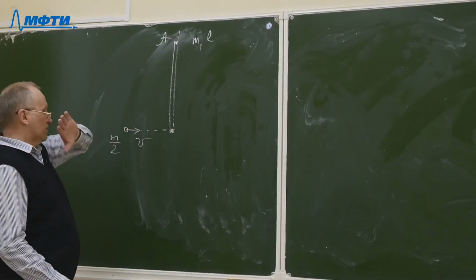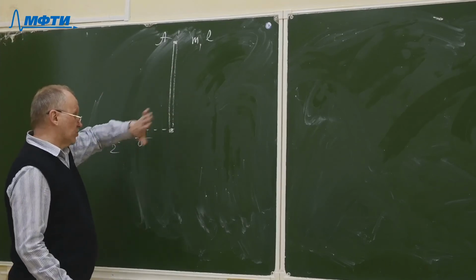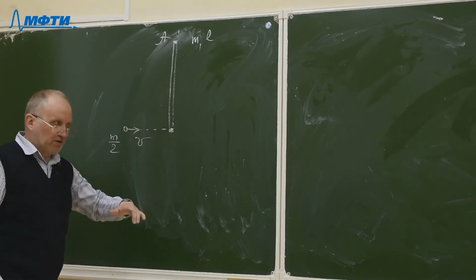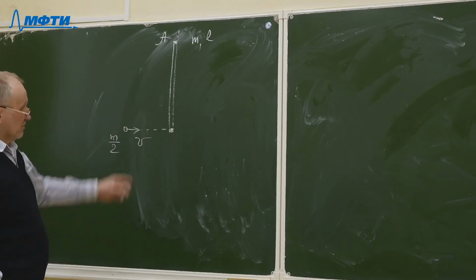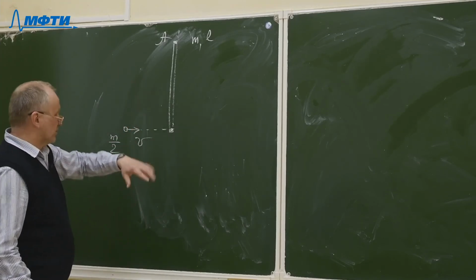The rod lies on the horizontal surface of the table, so we look from above on the surface of the table.